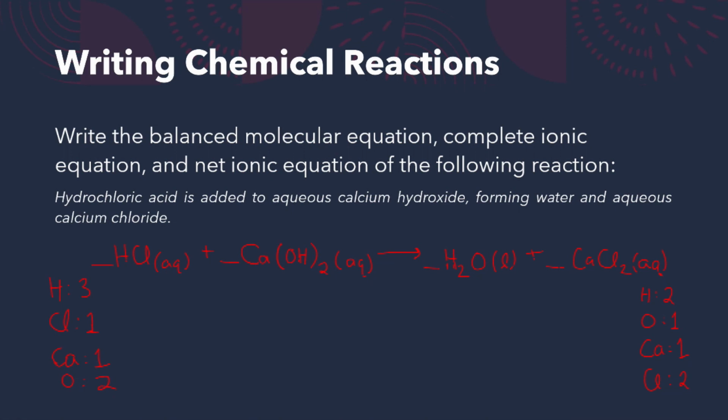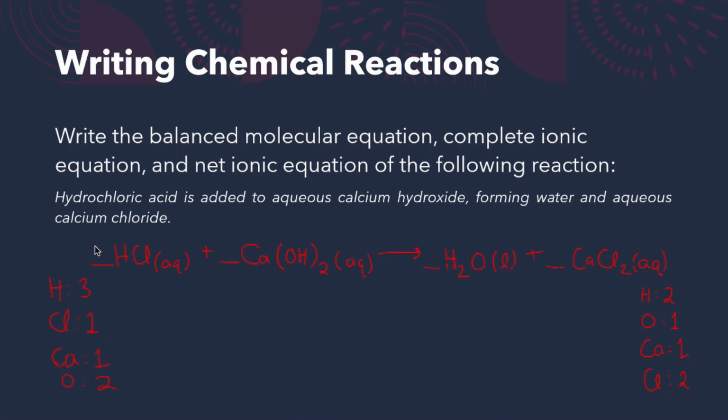So what we can do first is we can start with the chloride, because that usually is the easiest. You don't want to touch the oxygens until the last, because that's usually the hardest to balance. So we're going to start with the chloride over here. And in order to balance these across the sides, we can multiply the compound this is in by 2.